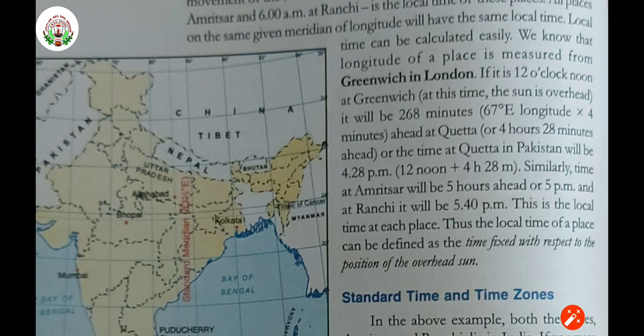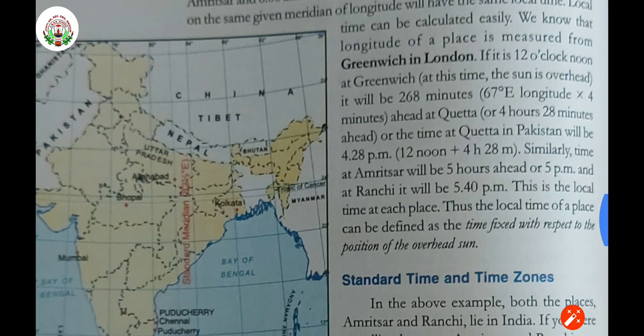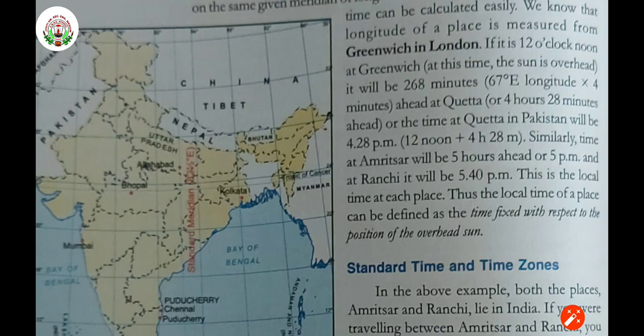So the time at Quetta in Pakistan will be 12 noon plus 4:28, that is 4:28 p.m. Similarly, time at Amritsar will be 5 hours ahead, or it will be 5 p.m. So time difference between London and our country will be measured according to the longitude only.